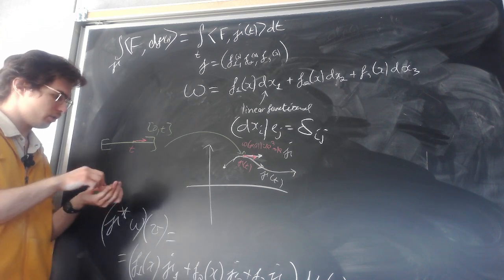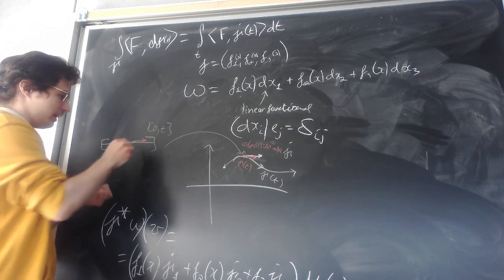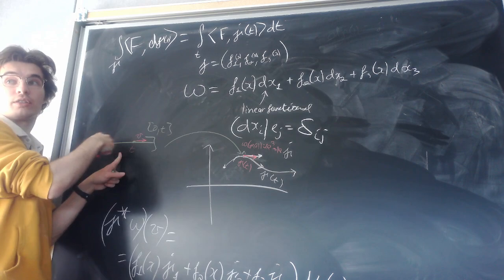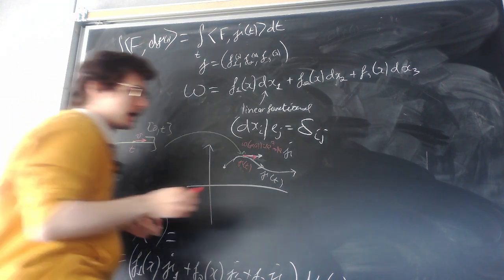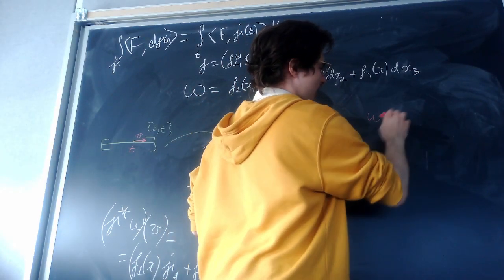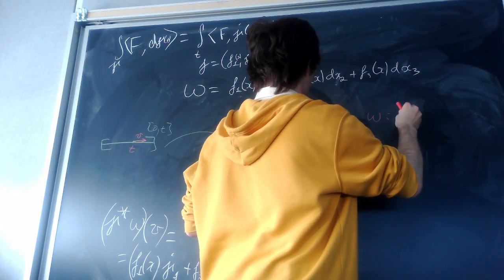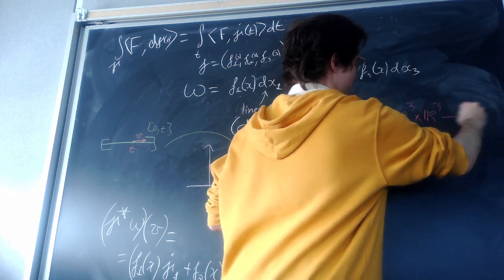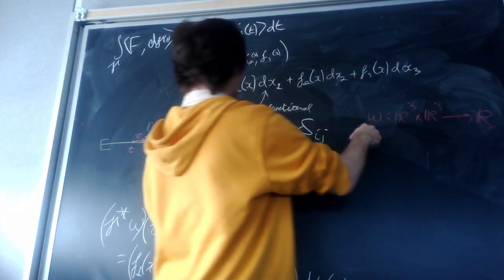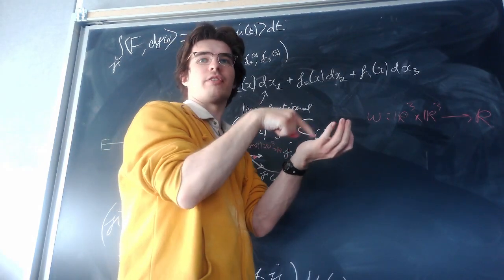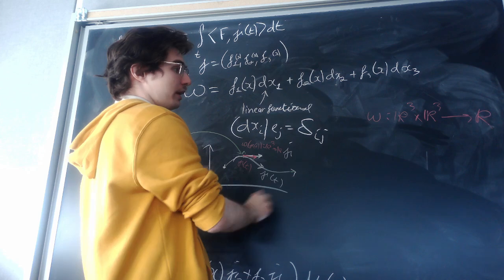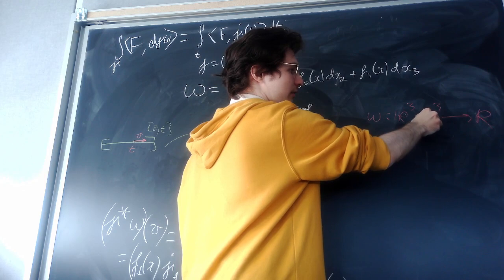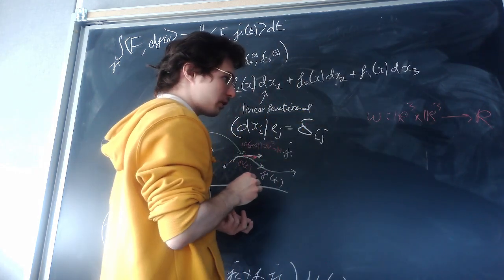So if this is v, my tangent vector on this space, and I have a differential form defined on R3 cross R3 to R, because at every point in R3 I have a linear functional. So this is the point where we are in R3, and these are the vectors that it can take in. Do you agree?